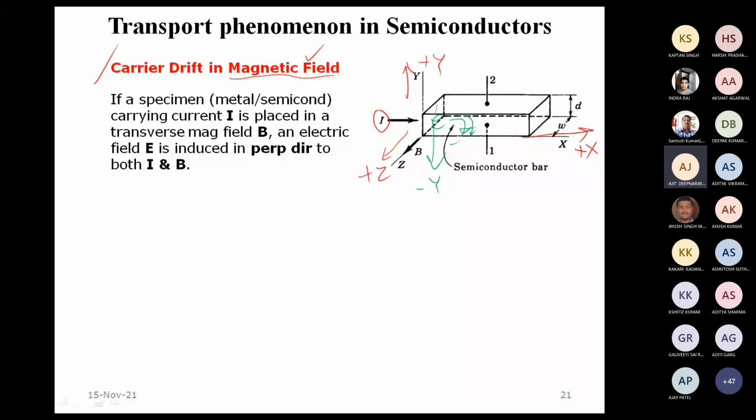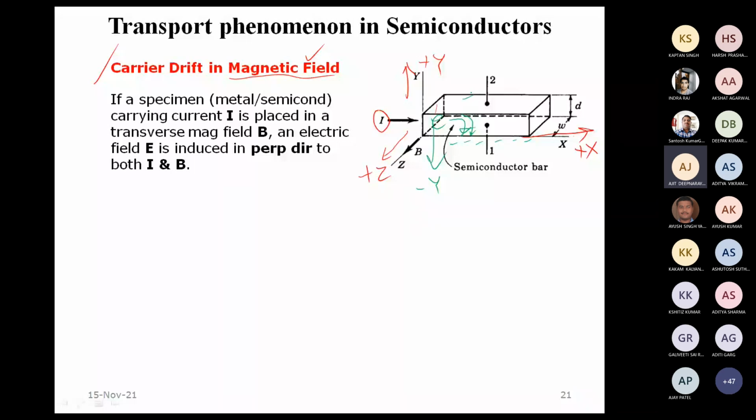Due to this, what will happen? The electrons will come on one side, and because the specimen overall is neutral, equal and opposite charge will appear on the other side here.